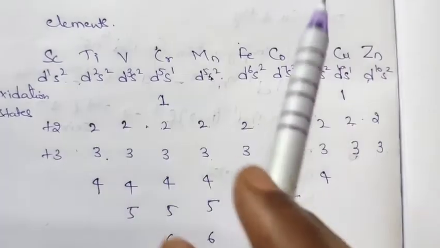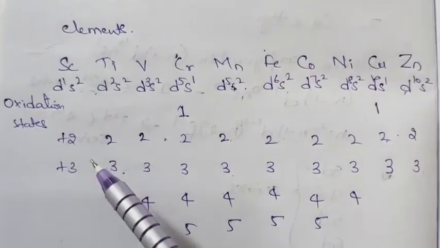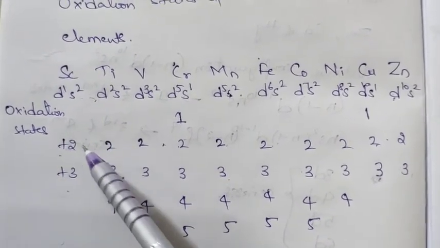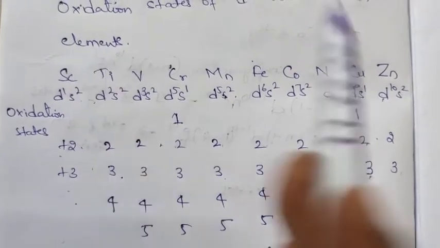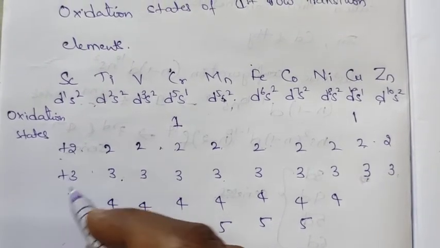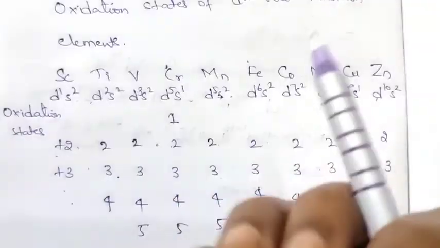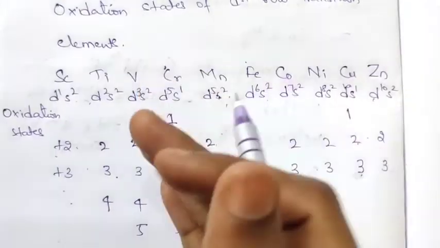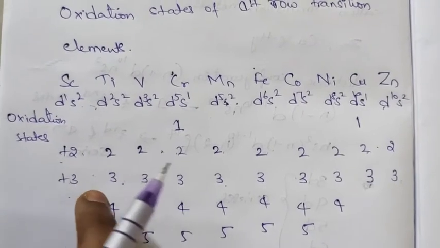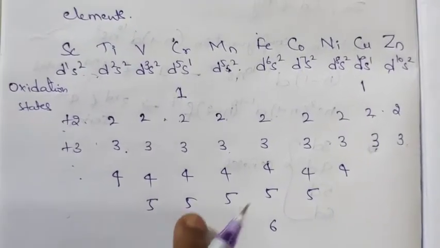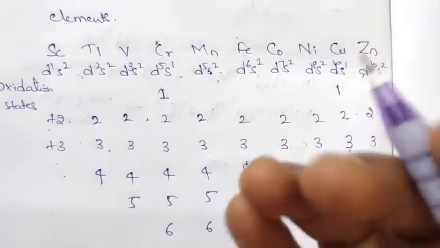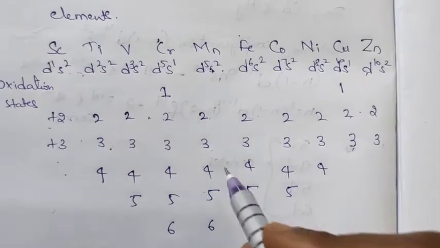And these transition elements with lower oxidation states of plus 2 and plus 3 will form ionic bonds. On the other hand, metals exhibiting higher oxidation states, meaning more than 3, like plus 4, plus 5, plus 6, will form covalent bonds.